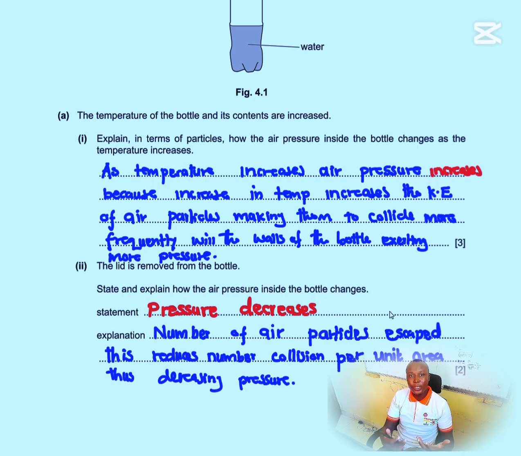This increases the frequency at which the air particles collide with the walls of the container, resulting in more frequent collisions per unit area, and this results in an increase in pressure.